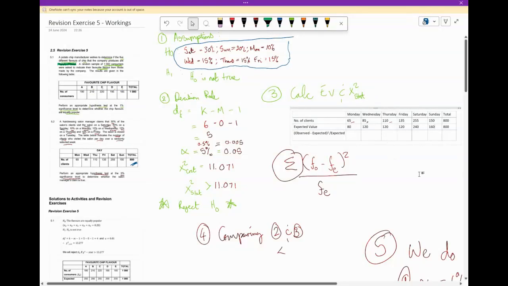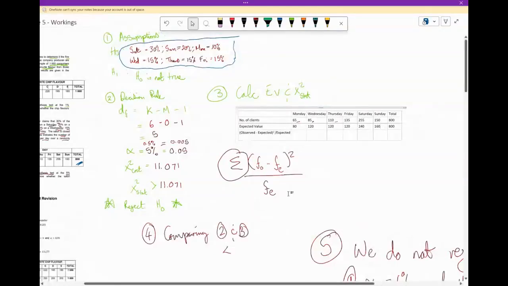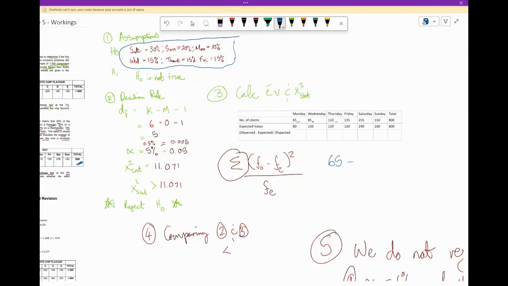Okay. So now that we have our expected values, we can get this for each of the days. You're just saying, let's do it for Monday: 65 minus 80 squared divided by 80. And then I'll just do one more, let's say Thursday: minus 120 squared divided by 120.